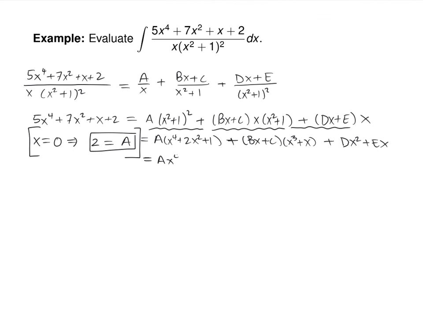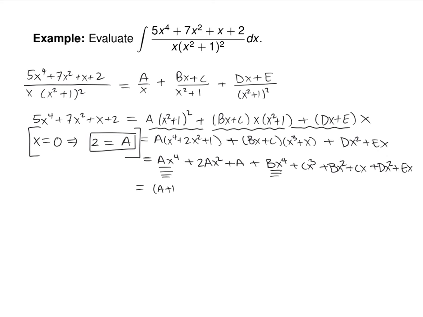So ax to the 4th, 2ax squared, plus a, plus bx to the 4th, cx cubed, bx squared plus cx, dx squared plus ex. We're almost done. All I have to do is figure out what the coefficients are there, right? So these are the 4th degree terms.